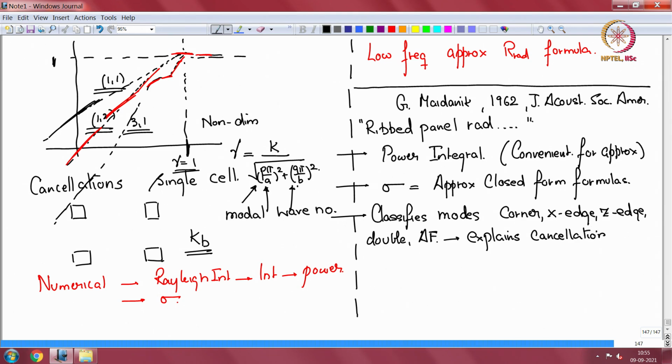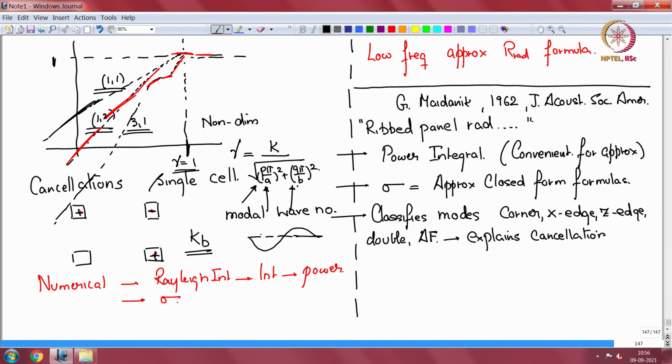For example, many cases arise beyond what I have spoken here. For odd modes, you get all of them radiating in the same sign, but if you have even modes, you could have different signs at the corners, because an even mode is like this.